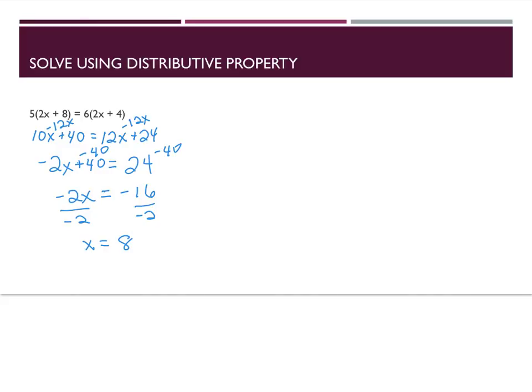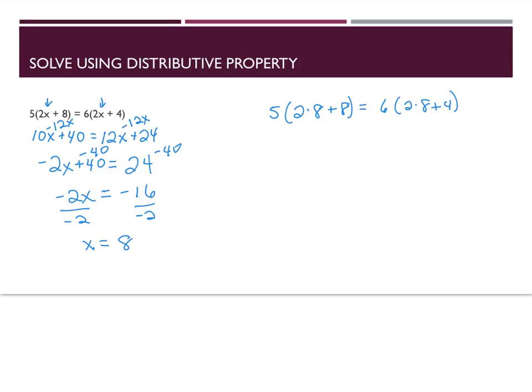Now, you should be trying to check these. Which means I go back into my original equation, and everywhere there was an x, I'm going to plug in 8. Remember that a number bumped up against an x means times.